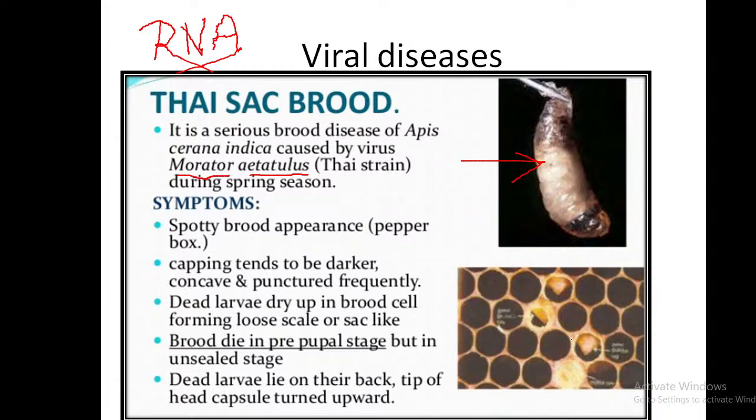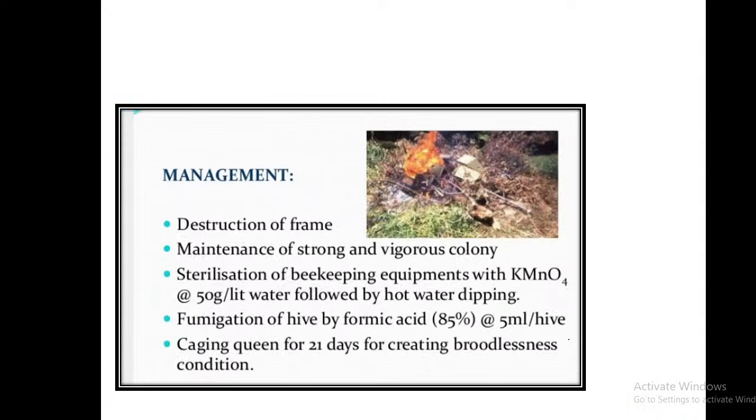The symptoms are a spotty brood appearance, and dried larvae hanging from the walls of the cells. Because this is a virus, it is very difficult to control this disease.